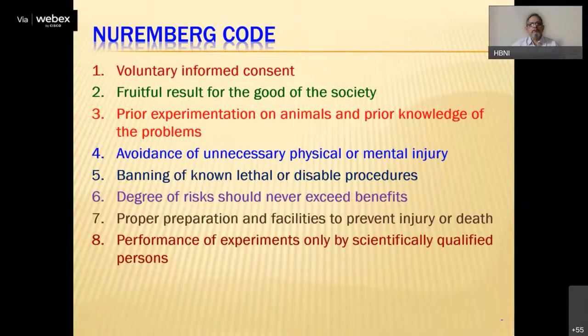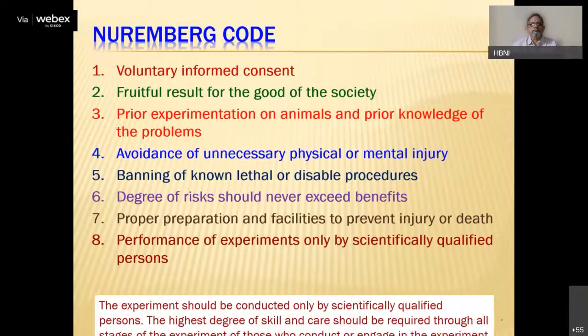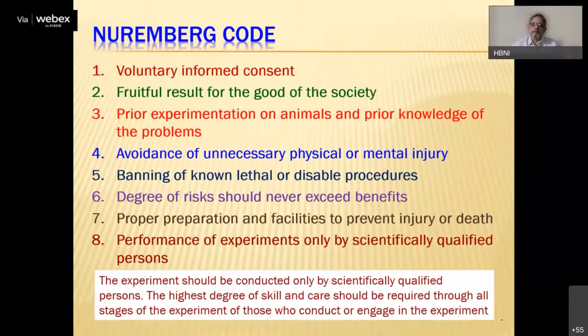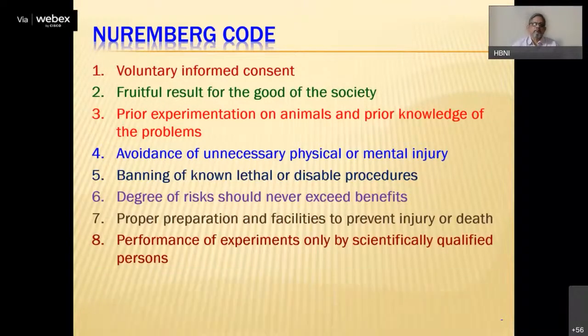And the eighth point is the performance of experiments only by scientifically qualified people. So the experiments on humans should be conducted only by scientifically qualified persons. The highest degree of skill and care should be required through all stages of the experiment of those who conduct or engage in the experiment.